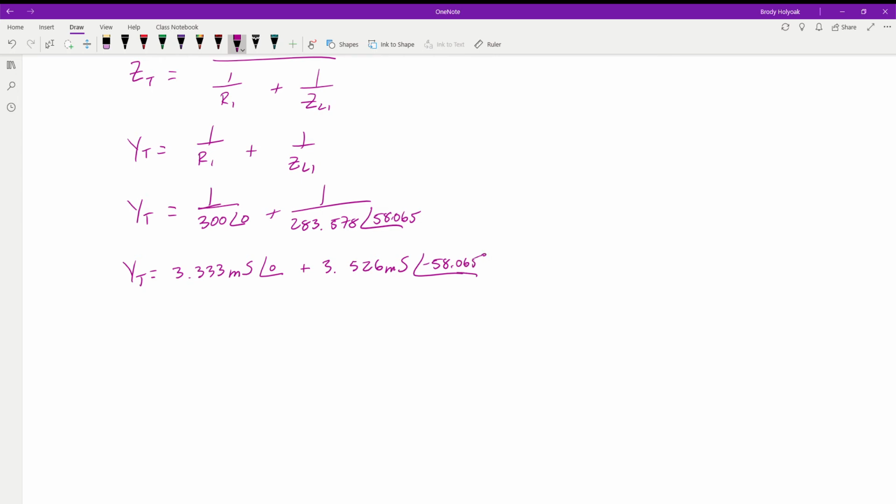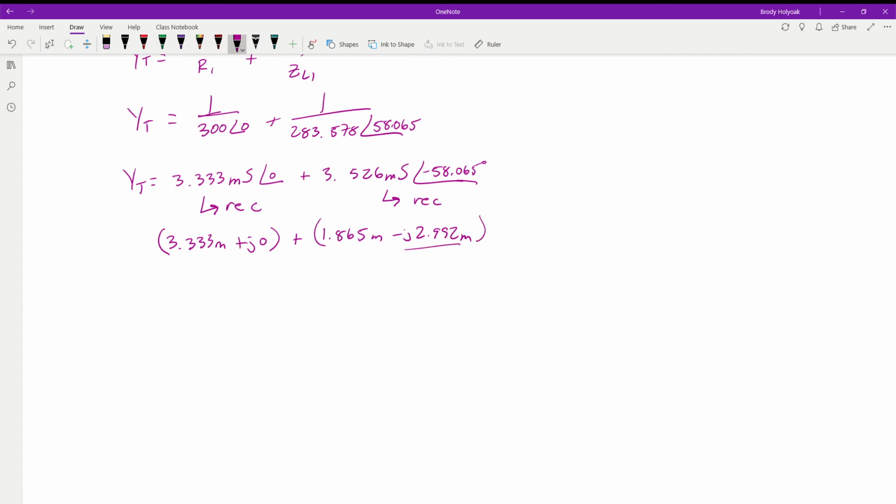Now, because we're adding, we have to convert both of these into rectangular so we can add their similar parts. This one converts quickly to 3.333 milli plus J of 0. And this one converts to 1.865 milli minus J of 2.992 milli.